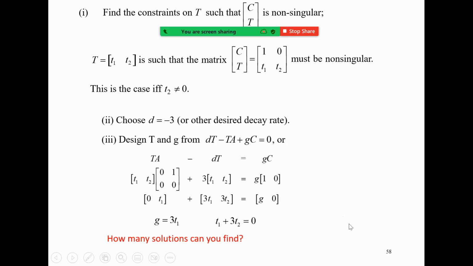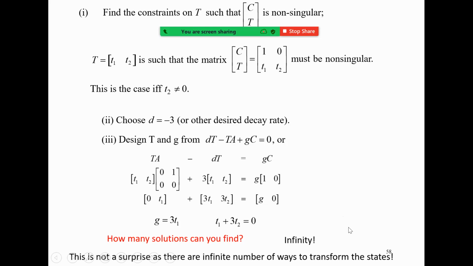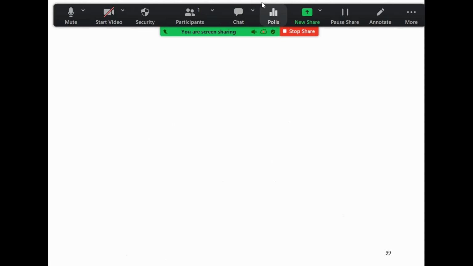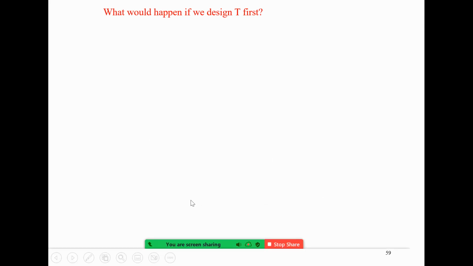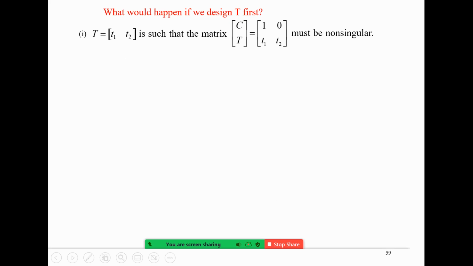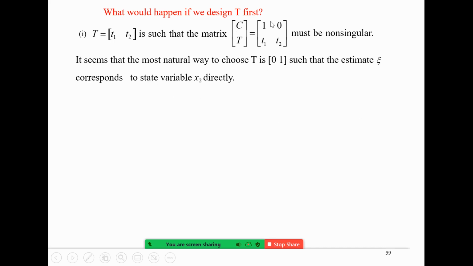But before we get the solution, let's look at another way. Like I already mentioned, the most natural way, because in this problem we know the first state variable x1 is available from the output, is to say, okay, T2 is not 0.